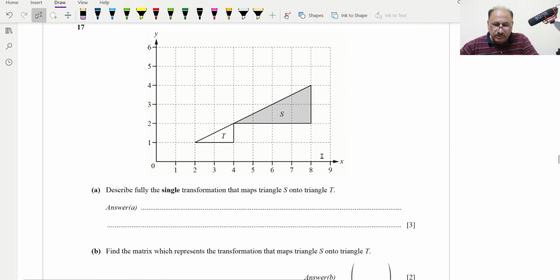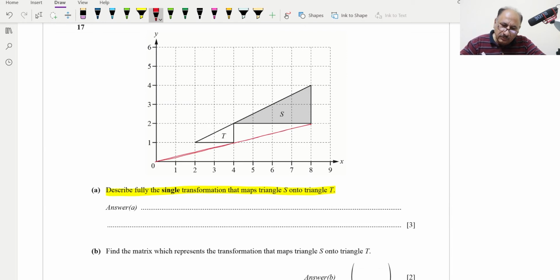Question number 17 is a transformation question. They are saying describe fully the single transformation that maps triangle S onto T. For S onto T, we will draw the line. Like for example, we can draw a line by joining these two vertices of the triangles, and we reach over here.